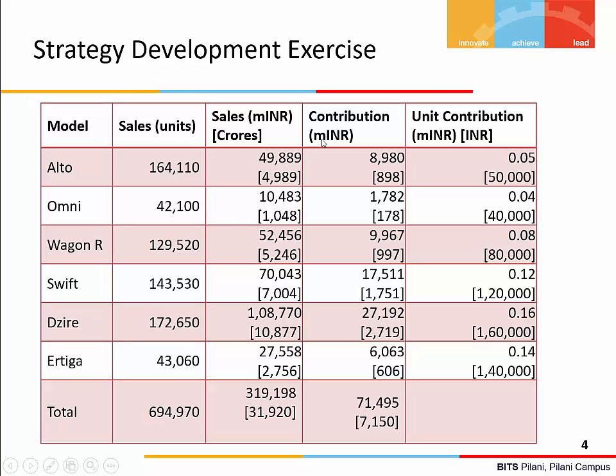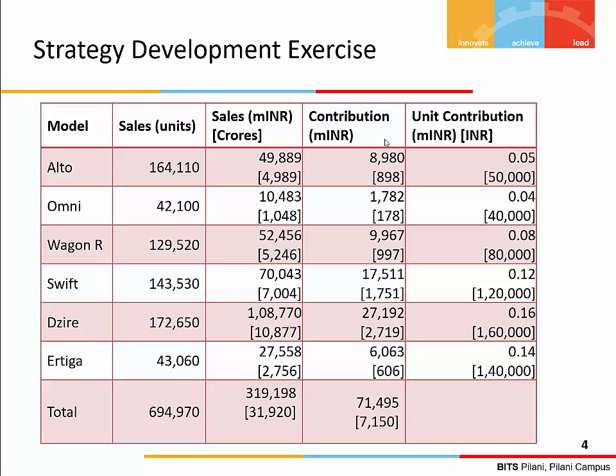Okay. And the next data that we are concerned with for the product by value analysis is the contribution. Contribution is the contribution to the indirect expenses. That is, when you take the total sales and remove the direct expenses, what remains is the gross profit, and that is what goes into the contribution.